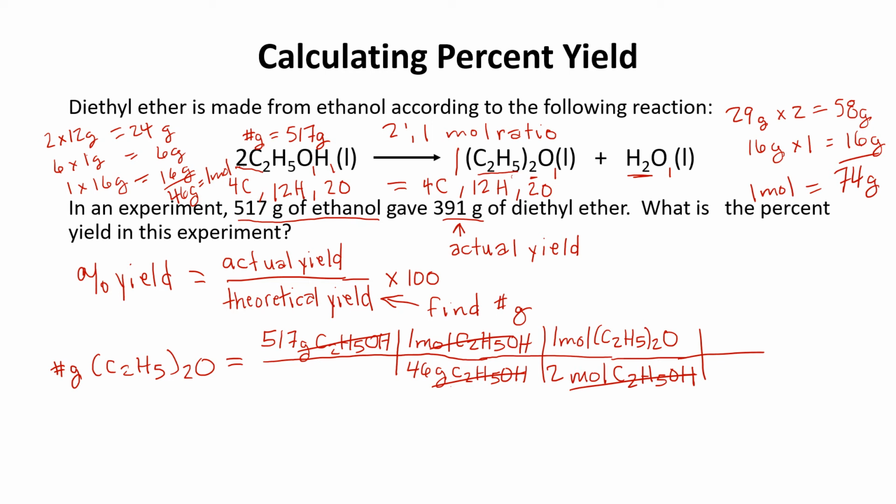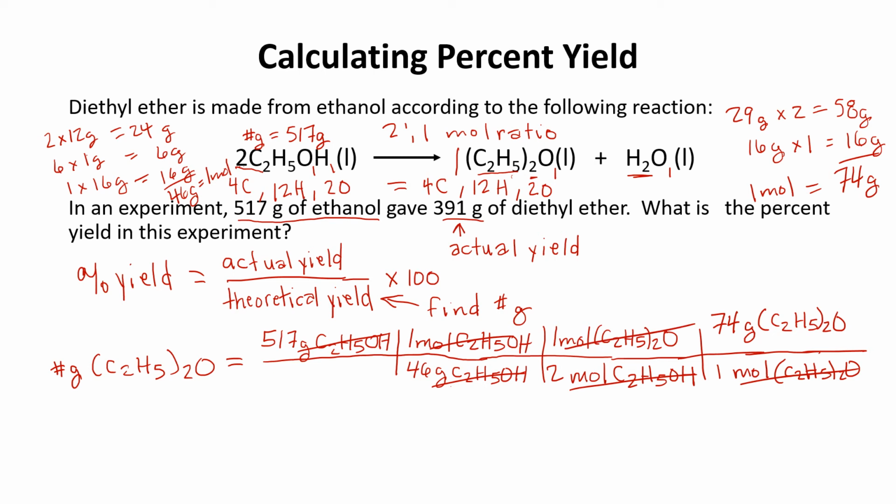And so I'm going to multiply the moles of diethyl ether times the molar mass of diethyl ether, and that will give me the number of grams of diethyl ether, which is going to correspond to the theoretical yield. That's right, guys. We're calculating the maximum amount of product that I could make from this reaction.